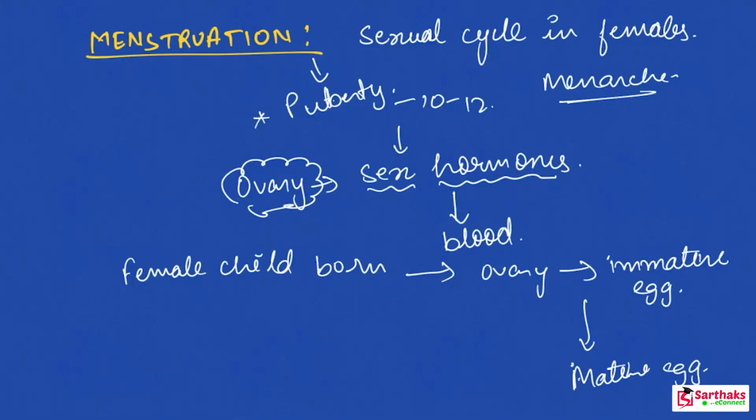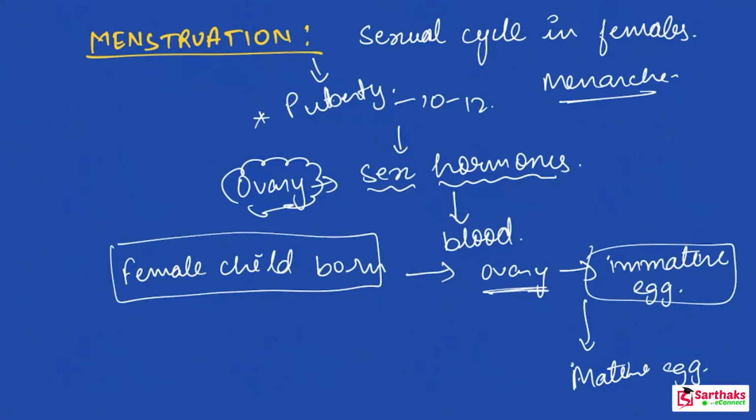So a female child is born with immature eggs in her ovary, and after 10 years or so these eggs start maturing.